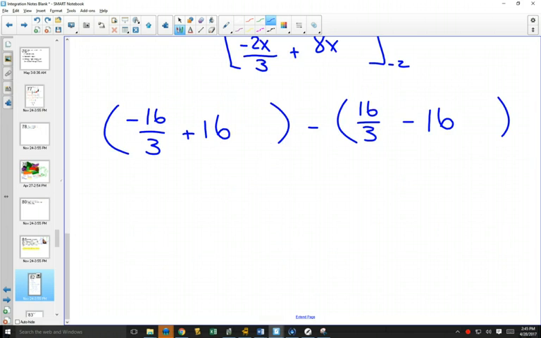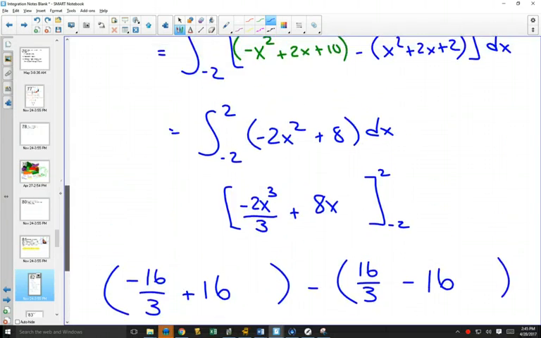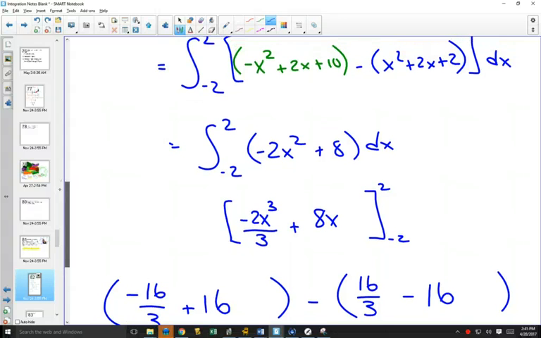Again, when working with this, I'd probably combine my like terms. Negative 16 over 3 minus 16 over 3, that'll be negative 32 over 3. 16 plus 16 will be plus 32. Get a common denominator.